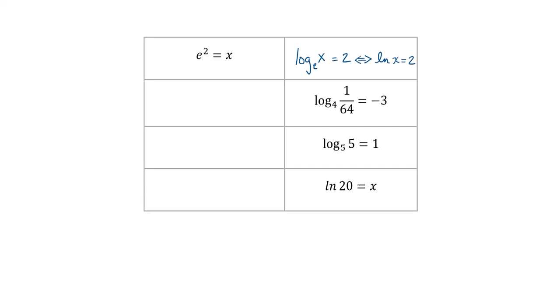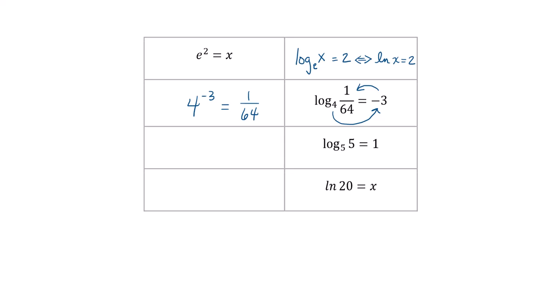Here I have log base 4 of 1/64 equals -3. Converting this to exponent form, I have 4 to the -3 equals 1/64. Log base 5 of 5 equals 1.